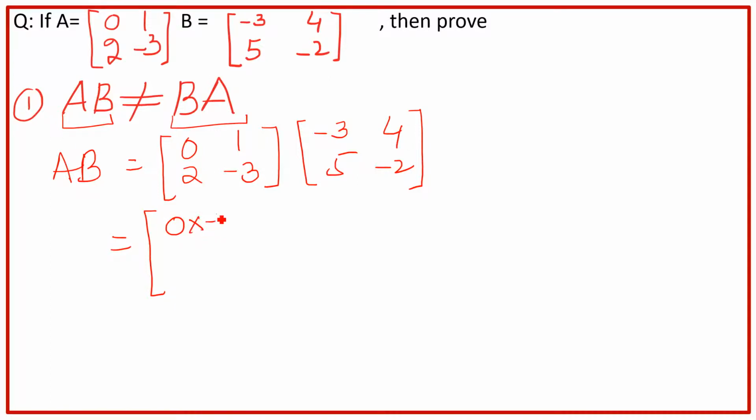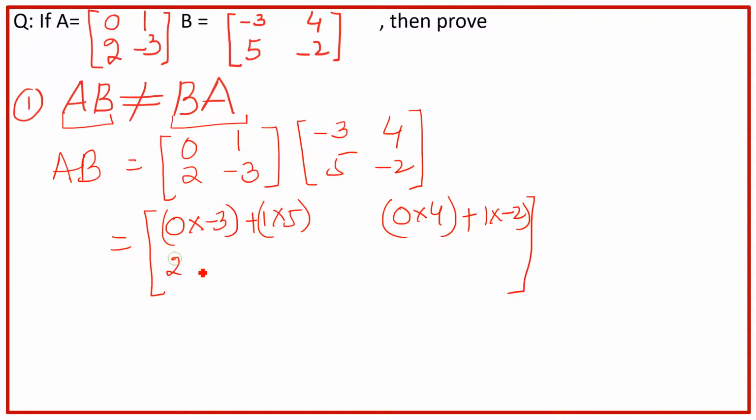0 multiplied by -3 plus 1 multiplied by 5. Here 0 multiplied by 4 plus 1 multiplied by -2. Second row, 2 multiplied by -3 plus -3 multiplied by 5. Here 2 multiplied by 4 plus -3 multiplied by -2, right?